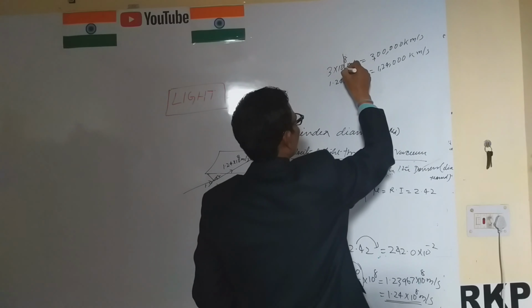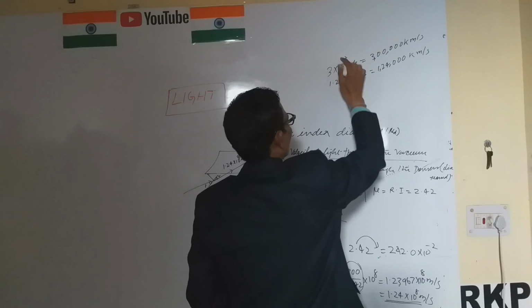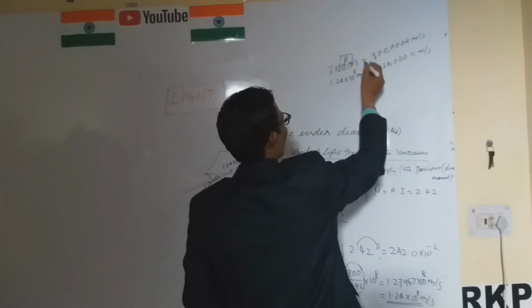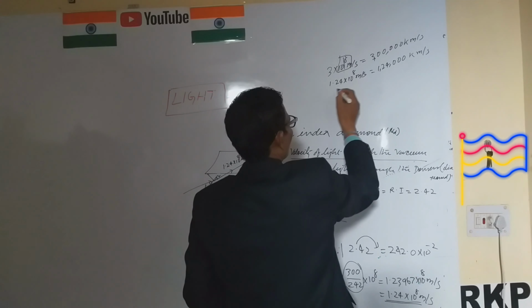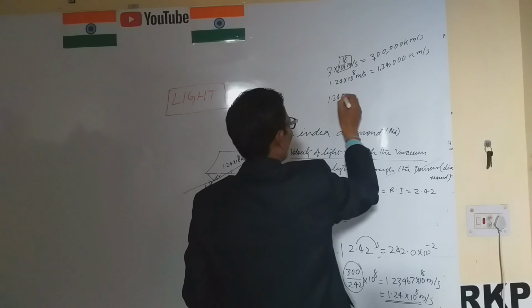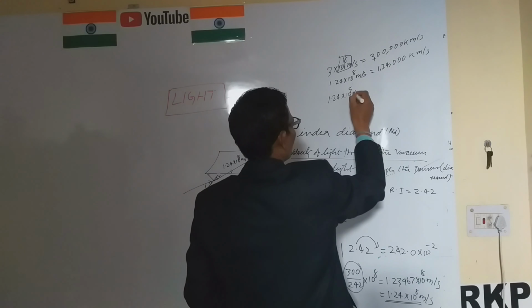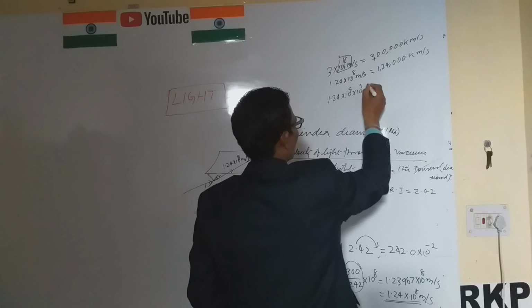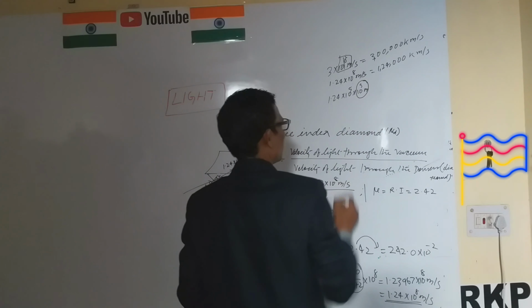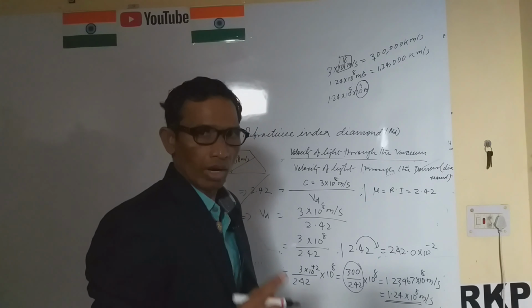To simplify, it is 1.24 into 10 to the power 5 into 10 to the power 3 meter, and 10 to the power 3 meter is known as 1 kilometer.